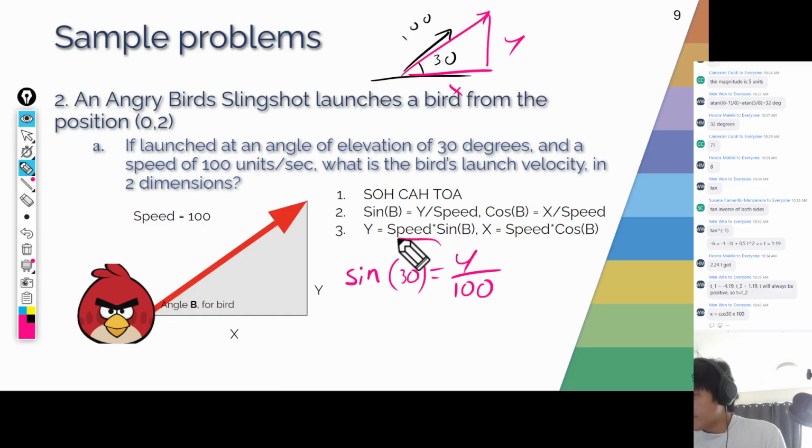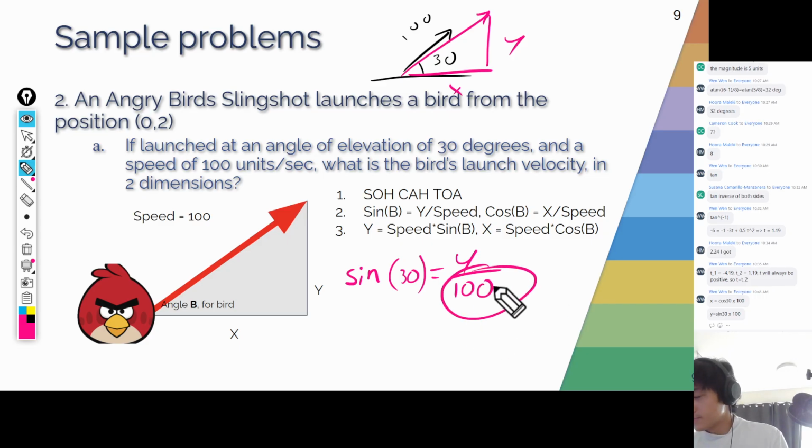Okay, so if the sine of 30 is equal to y over 100, then what is y? How would we solve for y? All we would need to do is multiply both sides by 100 here. So you just say 100 times sine 30 is equal to y.